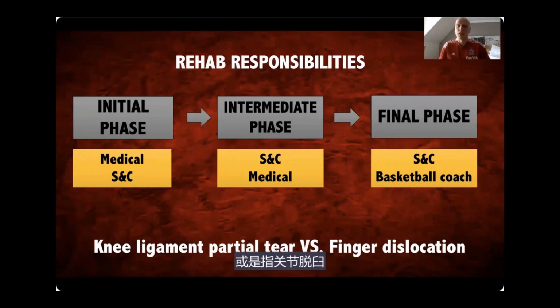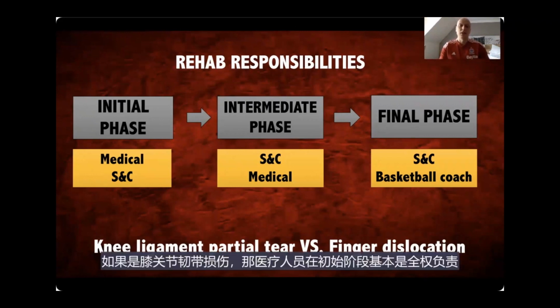on the arm is dislocated, because we know that when the knee ligament gets hurt, in that initial phase the medical department will work a lot and basically control the whole initial phase.